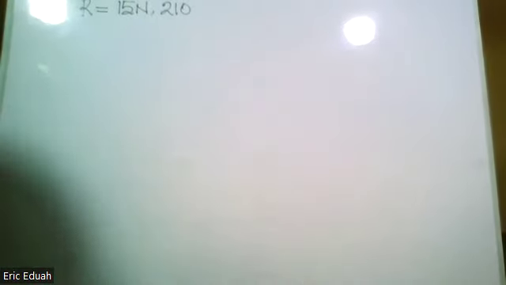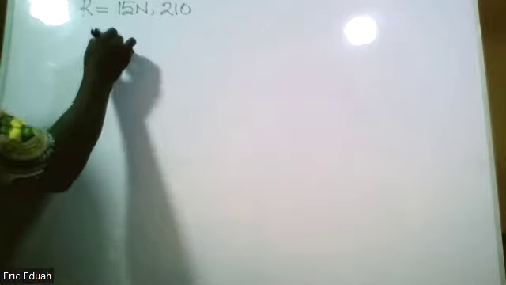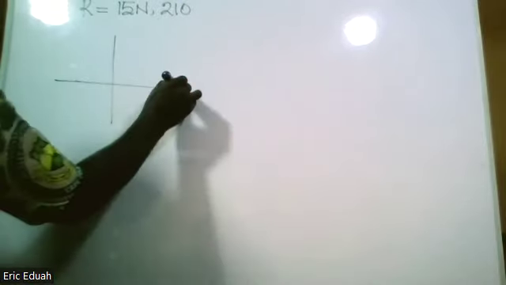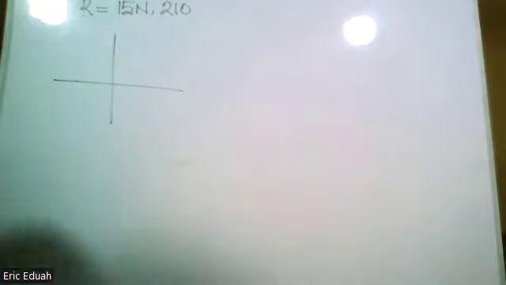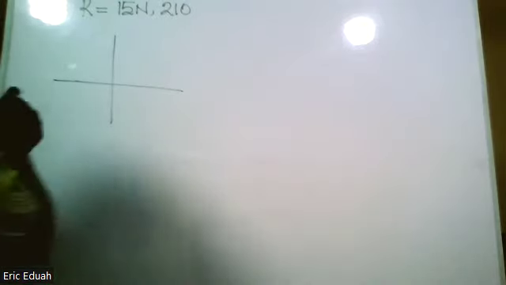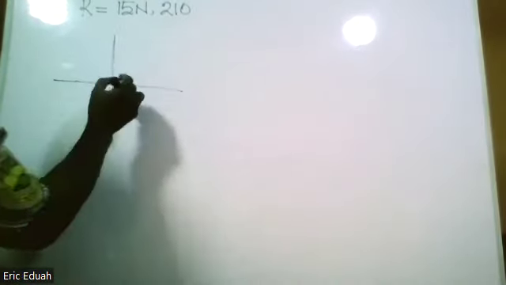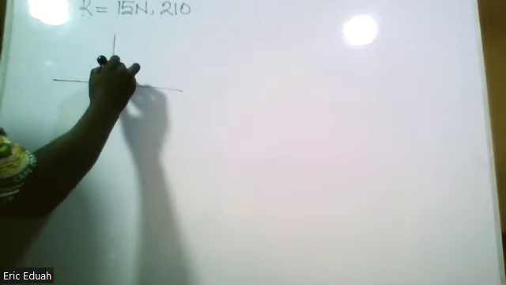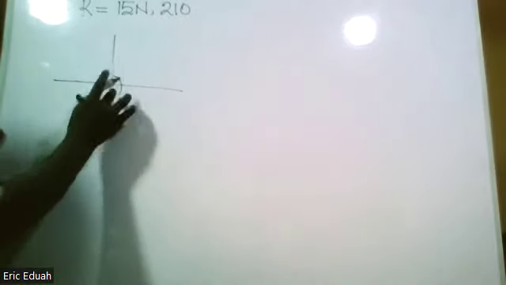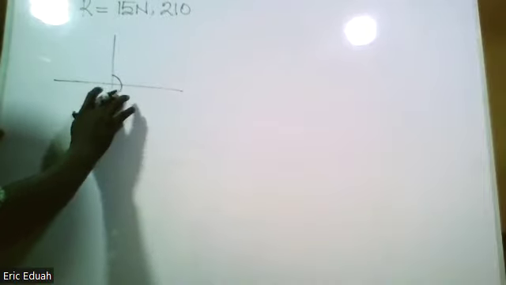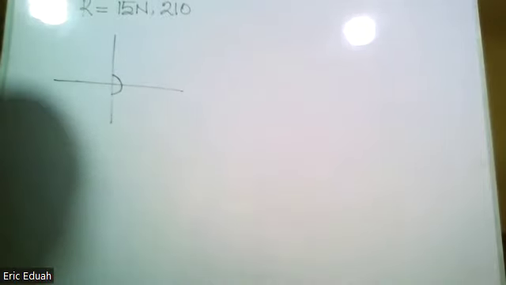So if you are drawing, that is how you must see it. North, south, east, west. I must measure my angle from the north. This is 180. What should I add to 180 to give me 210?